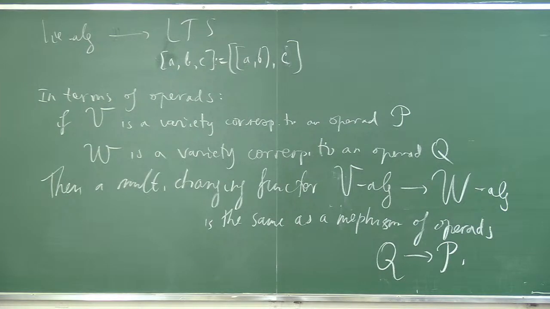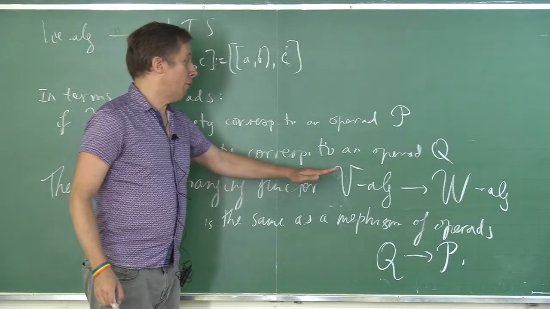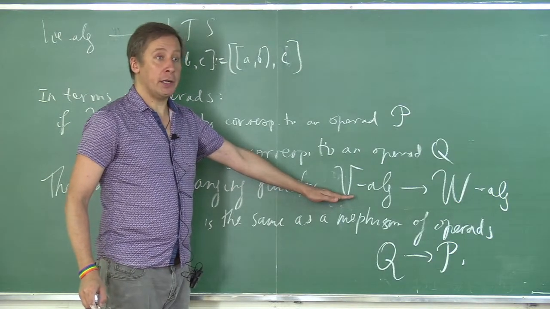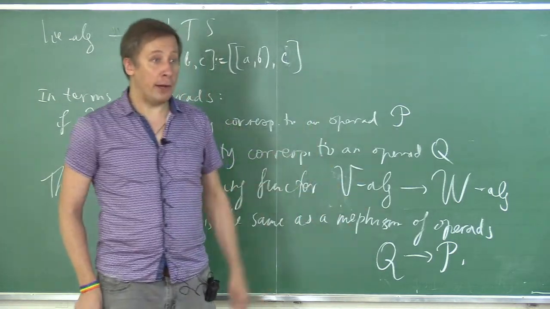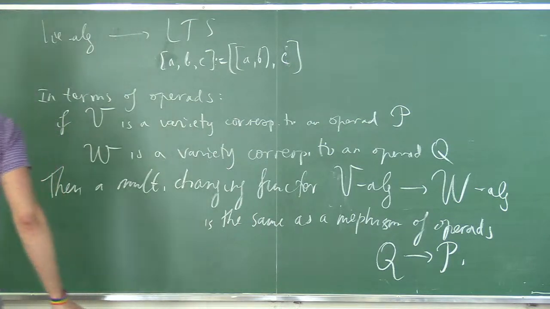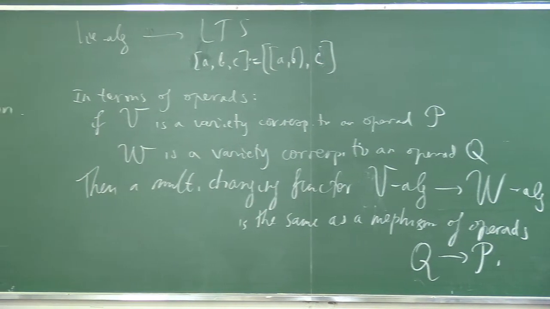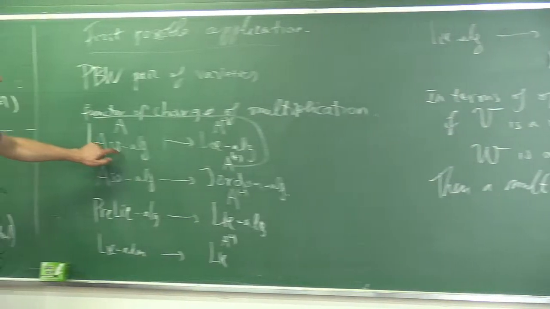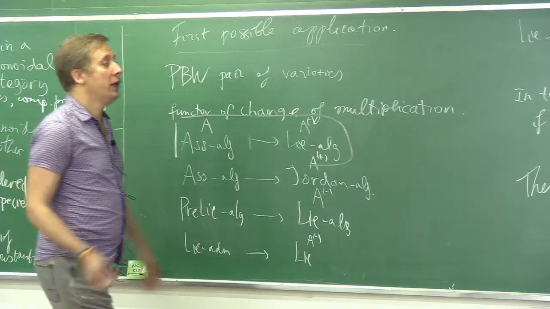So, for example, to make it clear why it is the case, so we have this first functor that associates. You mean on the way? No, it's just there are no functors here. It's just I'm saying that to define a multiplication changing functor is equivalent to defining a morphism of operads in the other direction. So for example, there is this functor from associative algebras to Lie algebras.